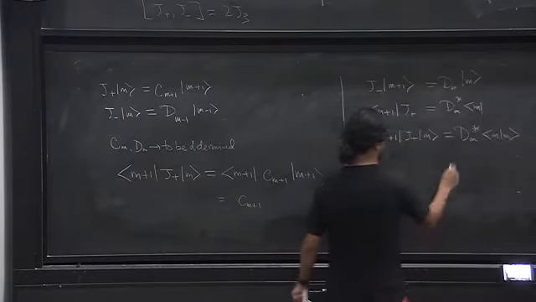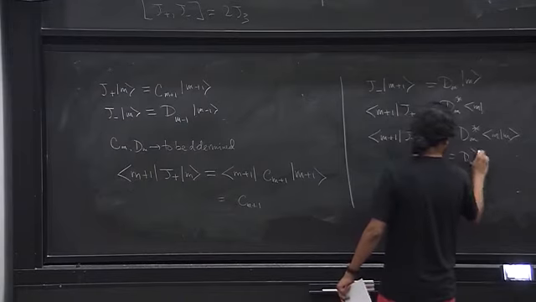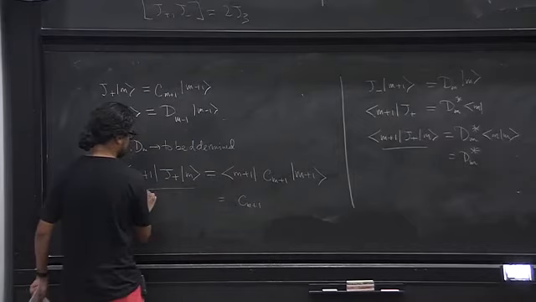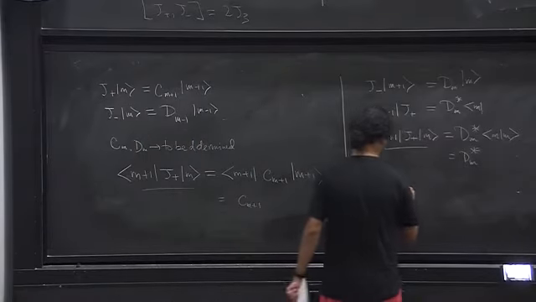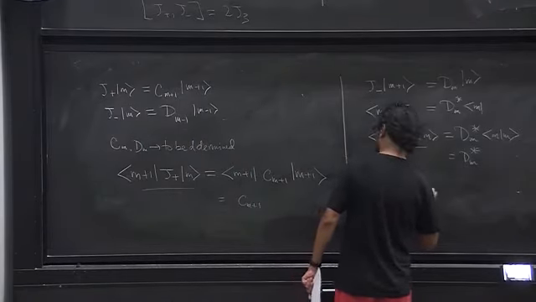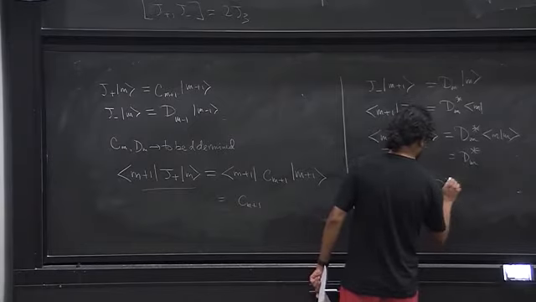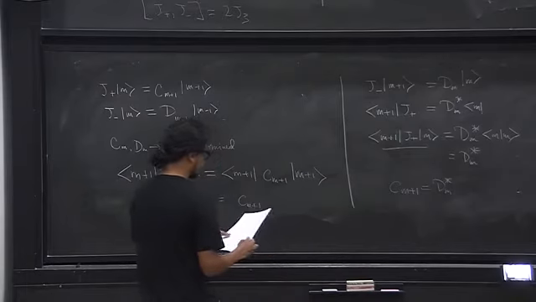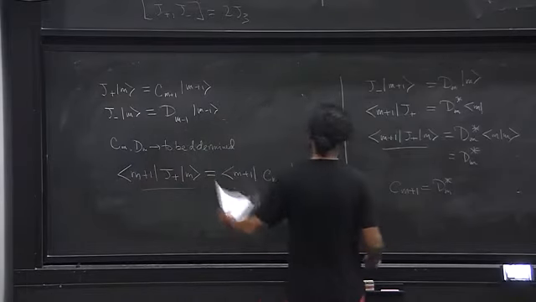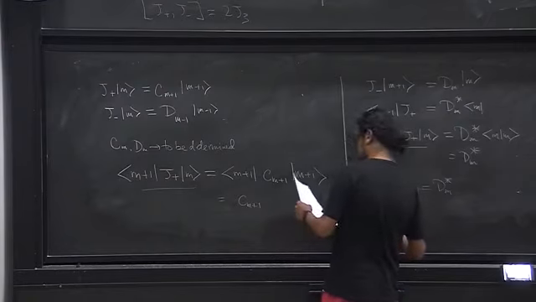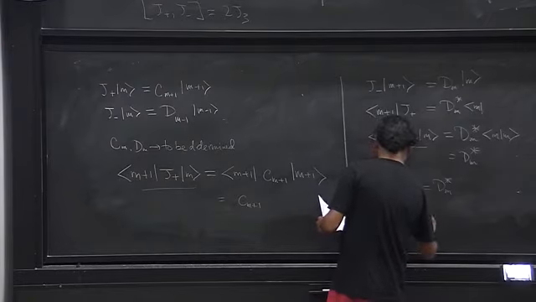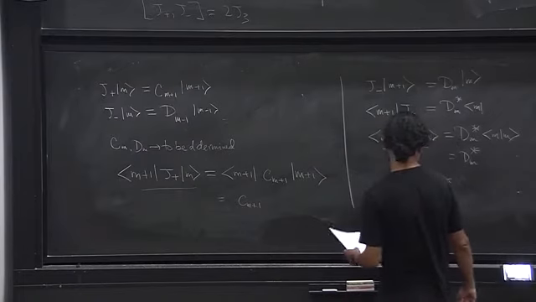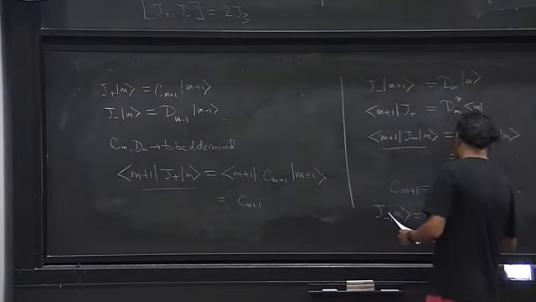We see that the left-hand side of this equation is the same as the left-hand side of the other equation. So we conclude that C of m plus 1 is D of m star. So we can rewrite J minus acting on m as C star of m times the state m minus 1.